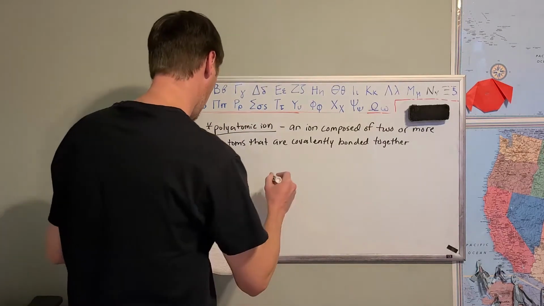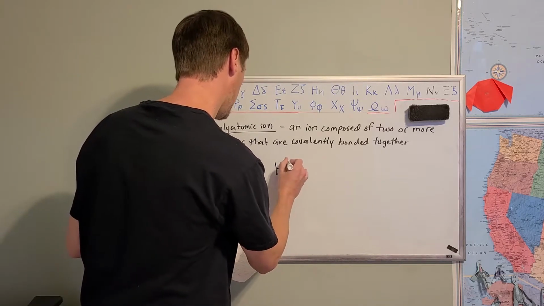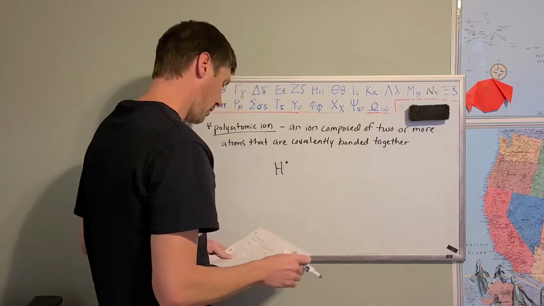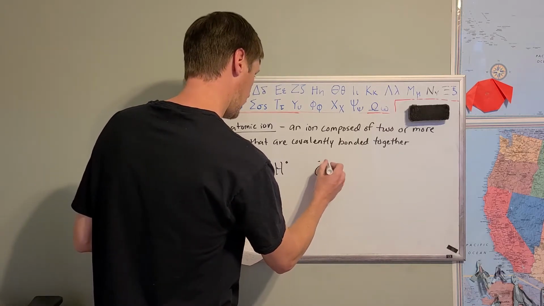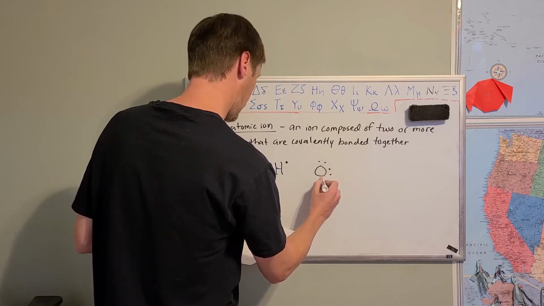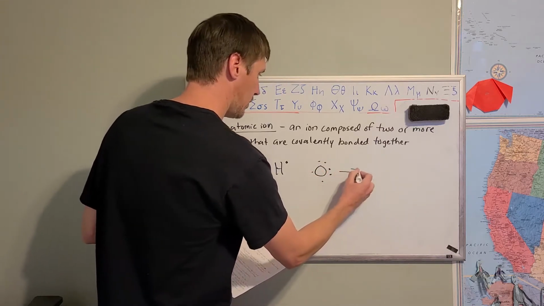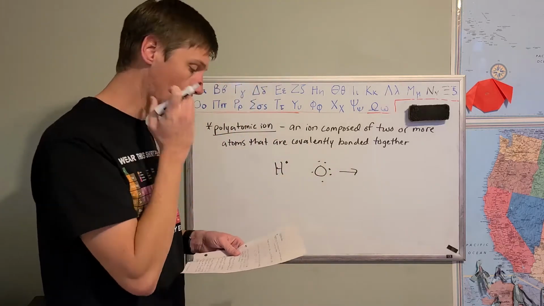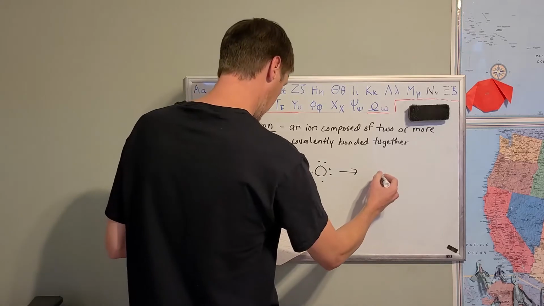Take, for example, hydrogen, which has a single valence electron, and oxygen, which has 6 valence electrons. And if those were to combine together and share electrons, it would look like this.